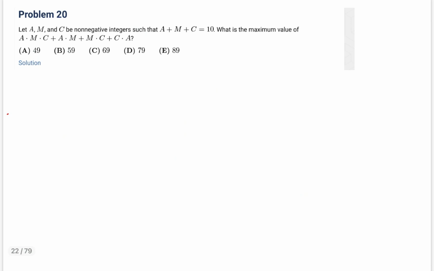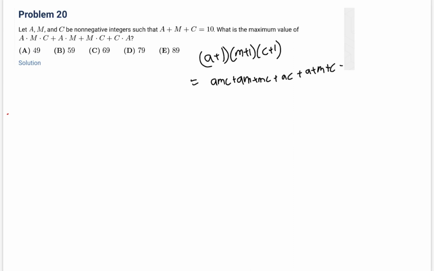Problem number 20. Let a, m, and c be non-negative integers such that a plus m plus c equals 10. What is the maximum value of this thing? So this reminds me of a plus 1, m plus 1, c plus 1, because this expands to AMC plus AM plus MC plus AC plus a plus m plus c plus 1, right?